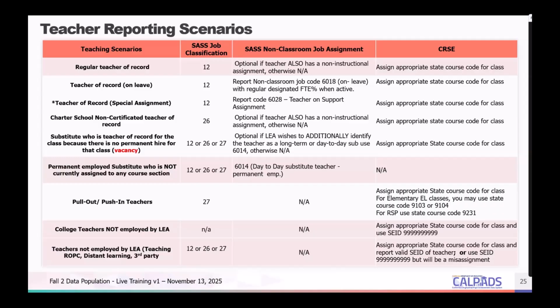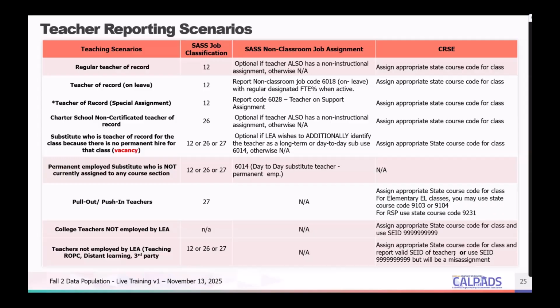For a charter school non-certificated teacher of record, you would use job classification code of 26 and report similar to the standard teacher of record. For a substitute teacher as a teacher of record, and this would be for a non-permanent hire, you would report the substitute present on census day, using job classification code 12, 26, or 27, depending on the situation.